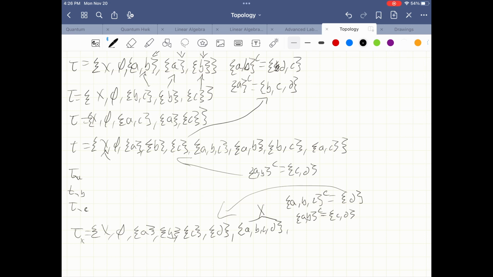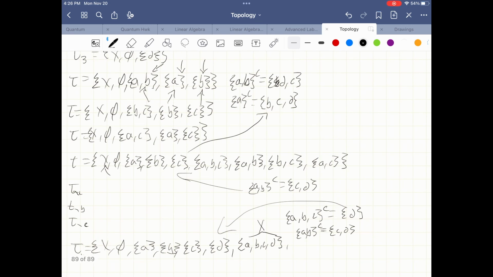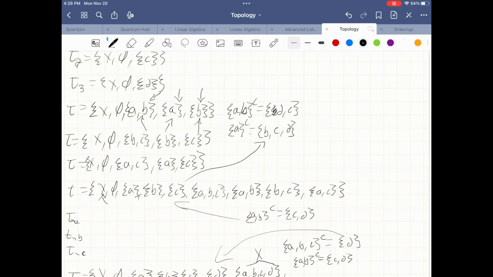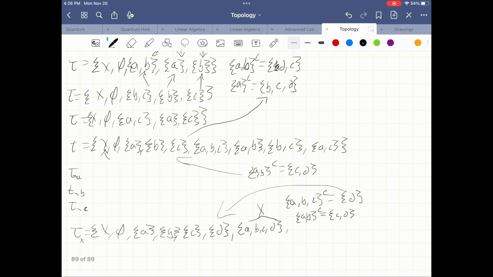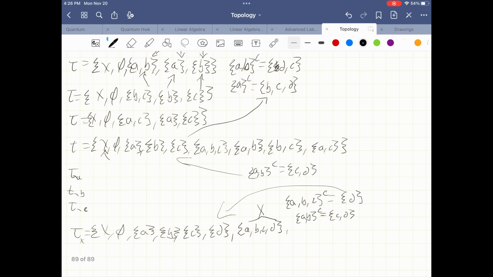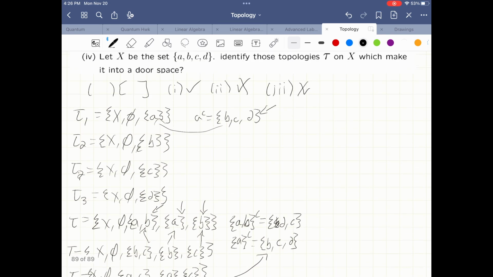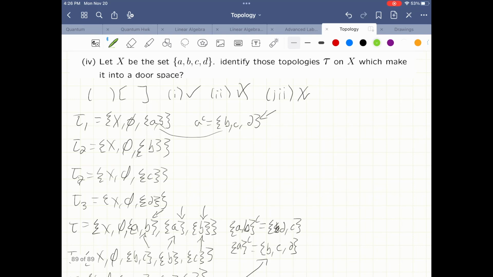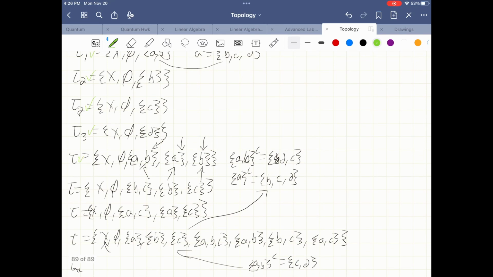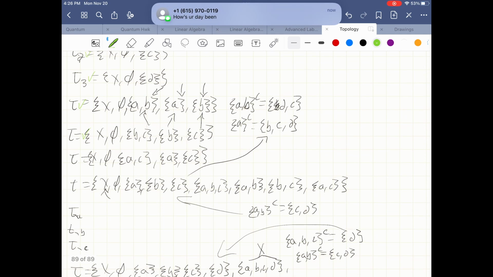Every topology other than that, including our elements, would therefore be a door space topology. So as a total, we have 1, 2, 3, 4, 5, 6, 7, 8, 9, 10, and 11.